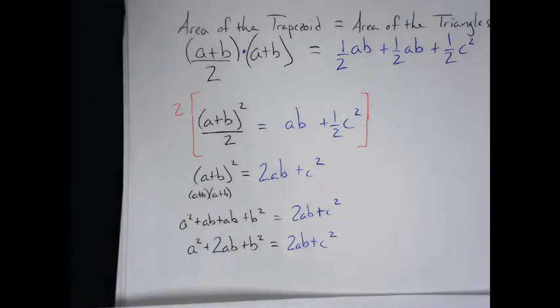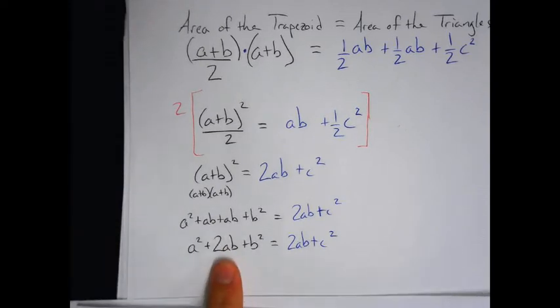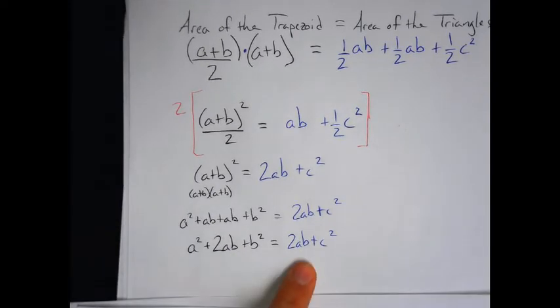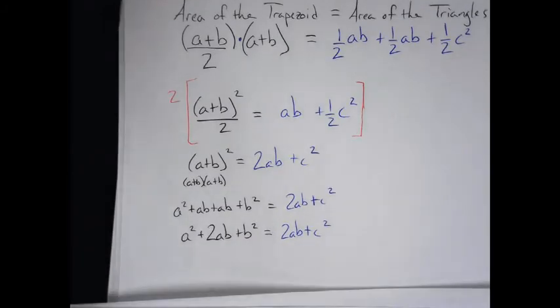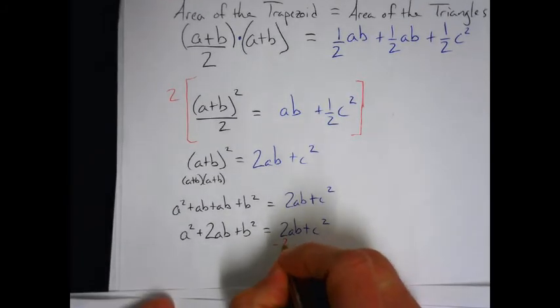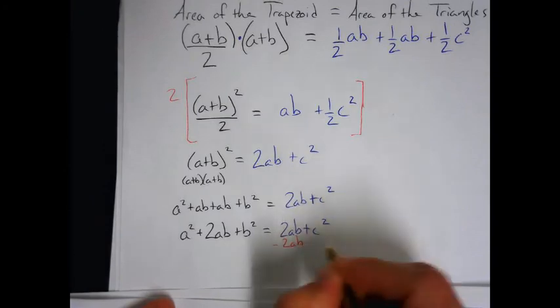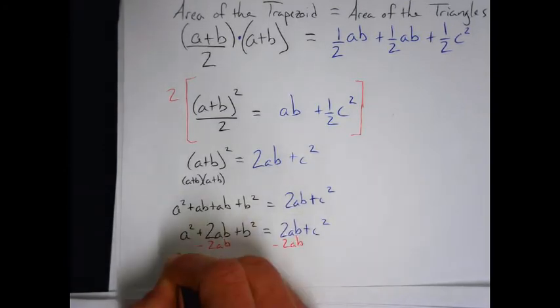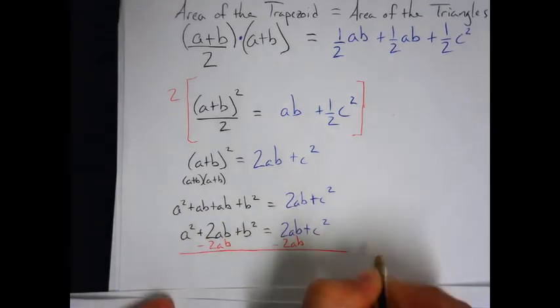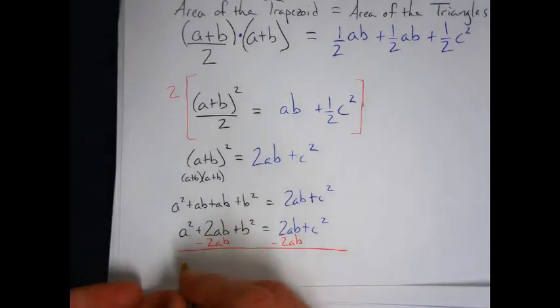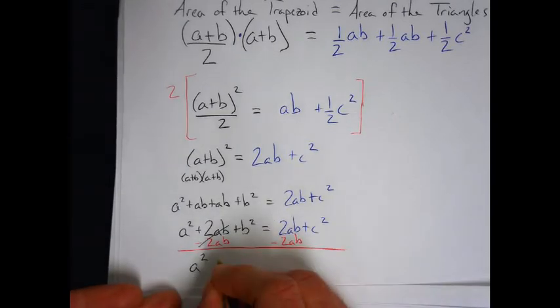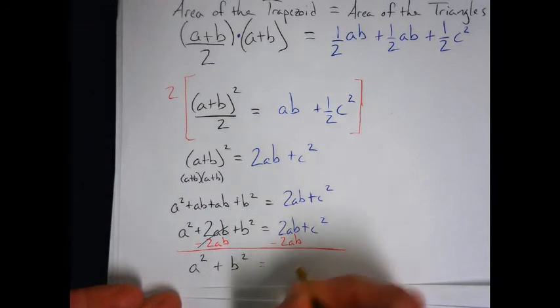If you notice what's happening, we have a 2AB on the left-hand side and a 2AB on the right-hand side. You know what we could do? We could subtract 2AB from both sides. And some magic occurs. Something that might look familiar happens. We are left with A squared, that cancels, plus B squared, equaling, that cancels, C squared.